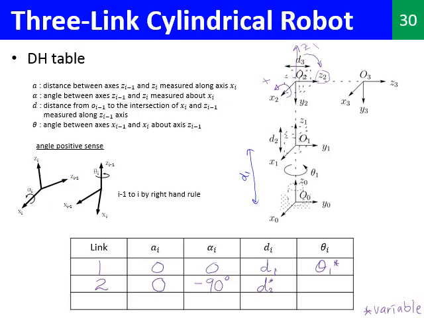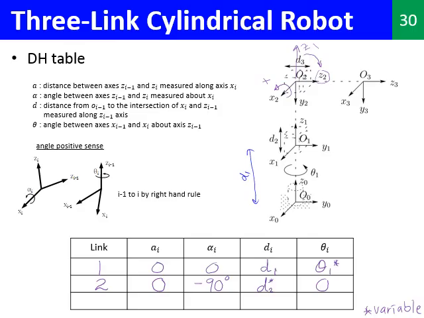Okay, next we have theta 2, so that is the angle between x1 and x2 about the z1 axis. So we have x1 in this direction and x2 in that direction. So those two directions are going to be the same because the joints are prismatic, therefore the angle between those two is going to be 0. Okay, so that's why we chose x2 to be in the same direction as x1.